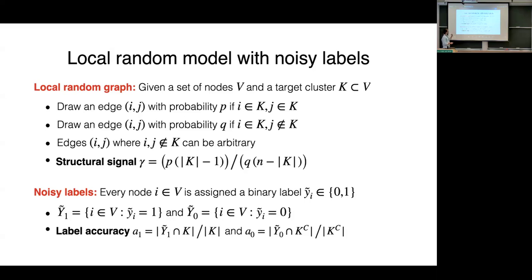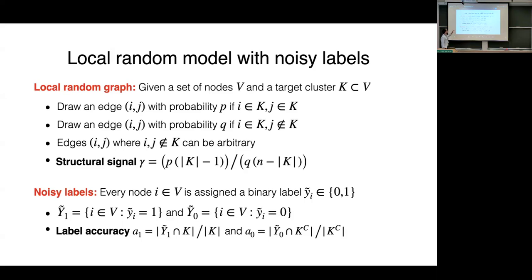If we have I belonging to the target cluster and K not belonging to the target cluster, we draw an edge with probability Q. And for all the edges that are outside, where both nodes are outside the target cluster, those could be modeled arbitrarily. This is essentially our random graph model here.